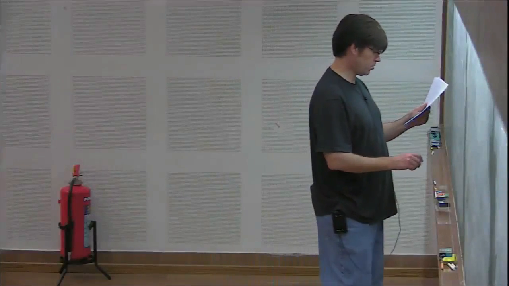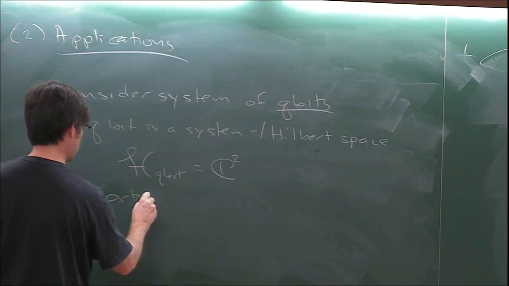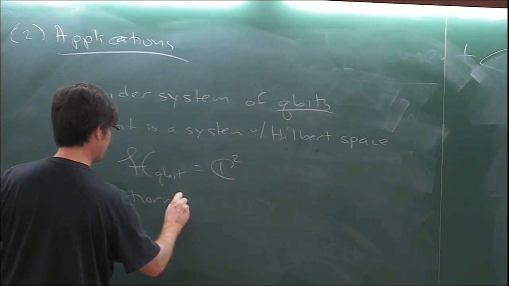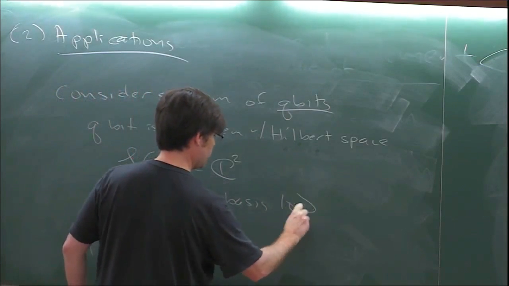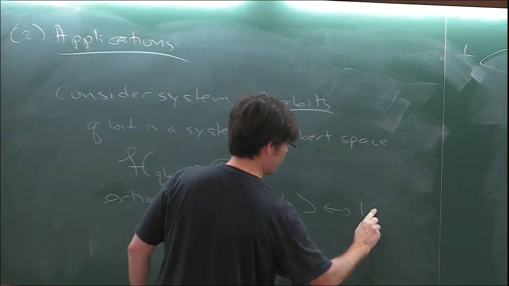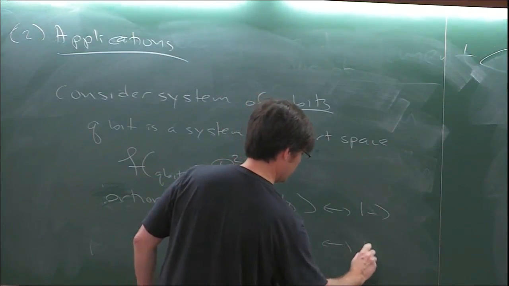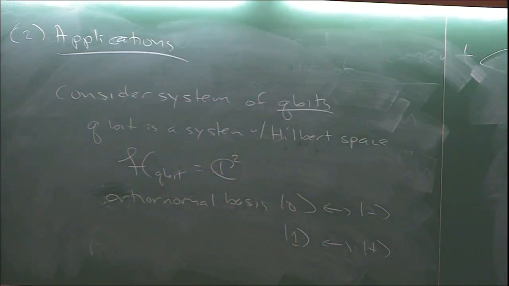And again, there's going to be a basis. I can choose any orthonormal basis, 0 and 1, which might be, for example, it does not have to be the spin up and spin down states of a spin one-half particle as measured in the z direction.